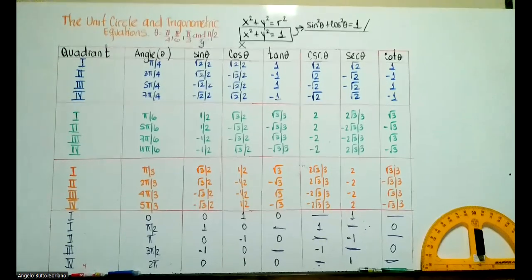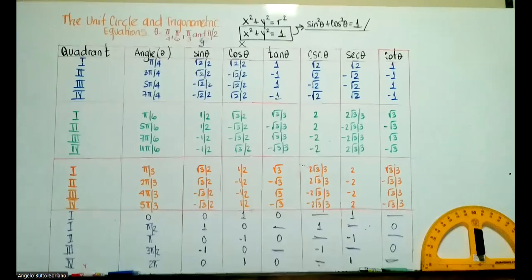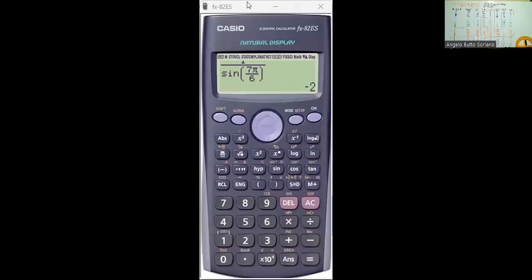Okay. Once again, remember secant is the reciprocal of cosine. So again, 1 over cosine of pi half.